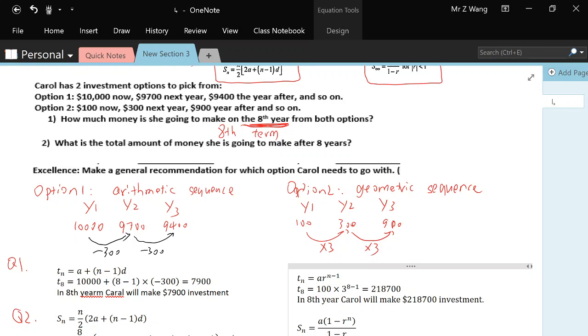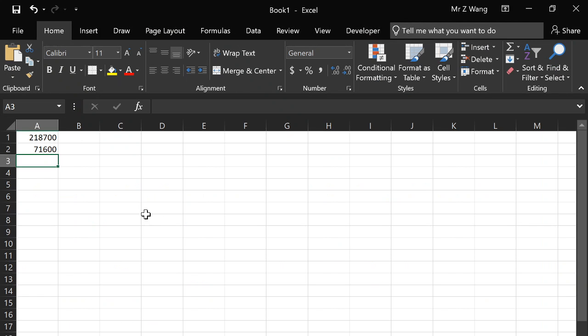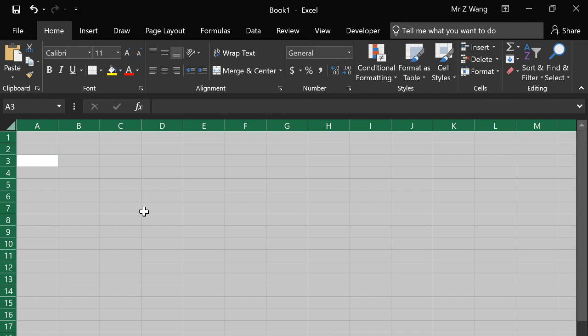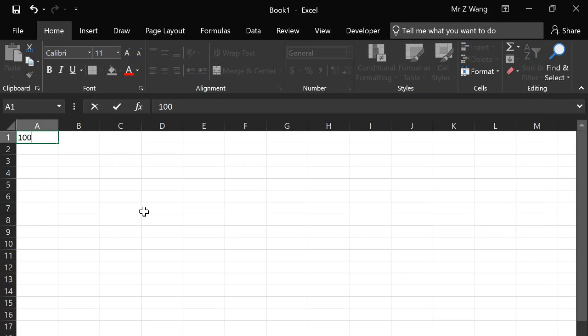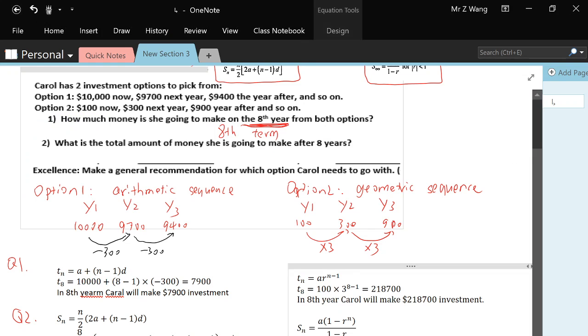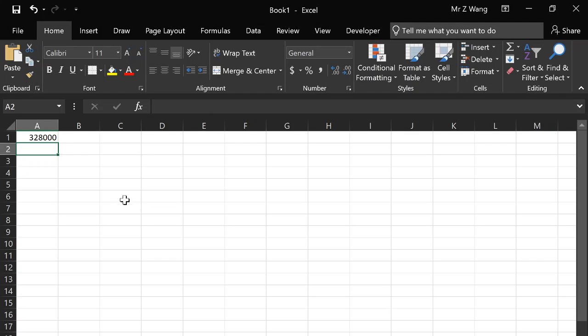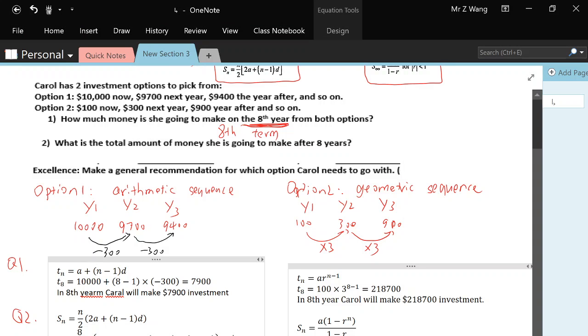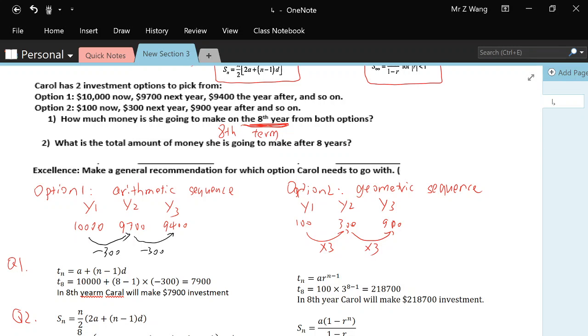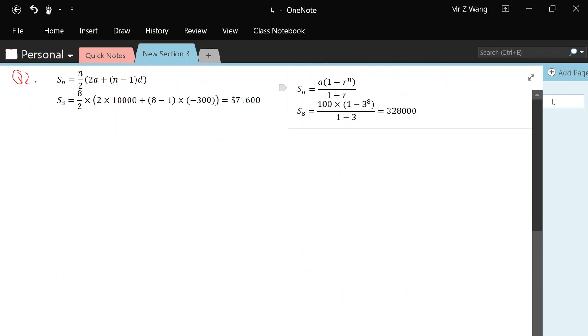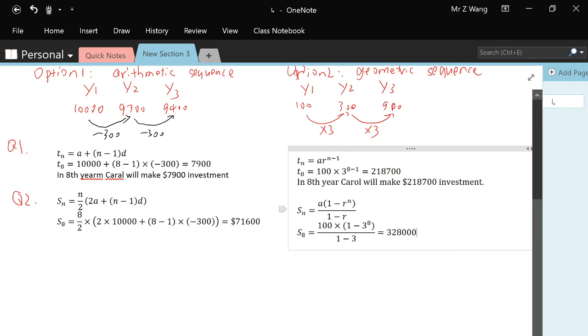So if you press the calculator, this is 100 times 1 minus 3 to the power of 8 divided by 1 minus 3. That's 328,000. Okay, so obviously the second one is larger.